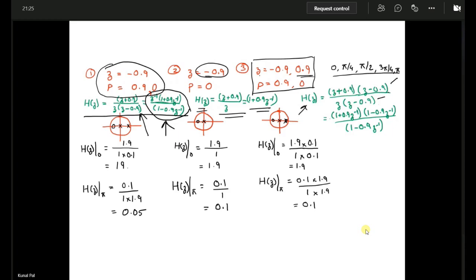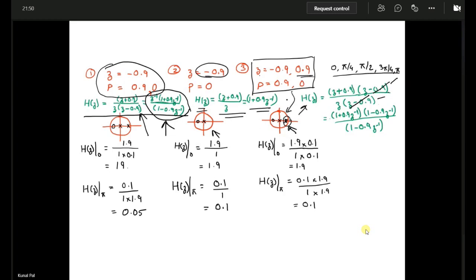But if you try to cancel it at this stage, the location of this pole and the zero will be completely removed. So you will basically be implementing the 2. So in that case, your numerical will be incorrect.